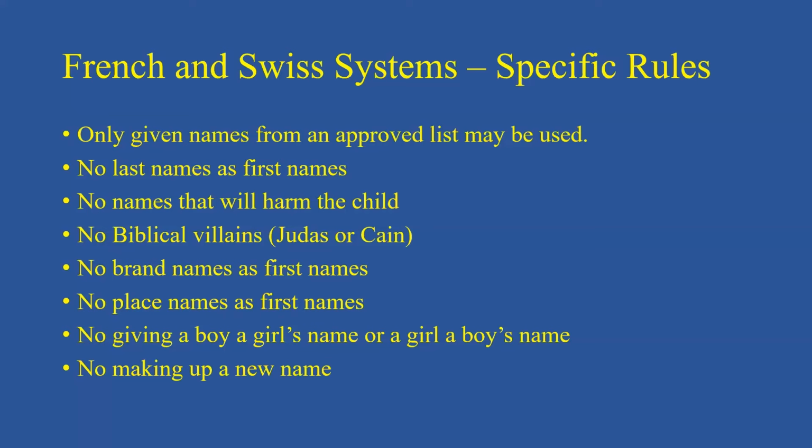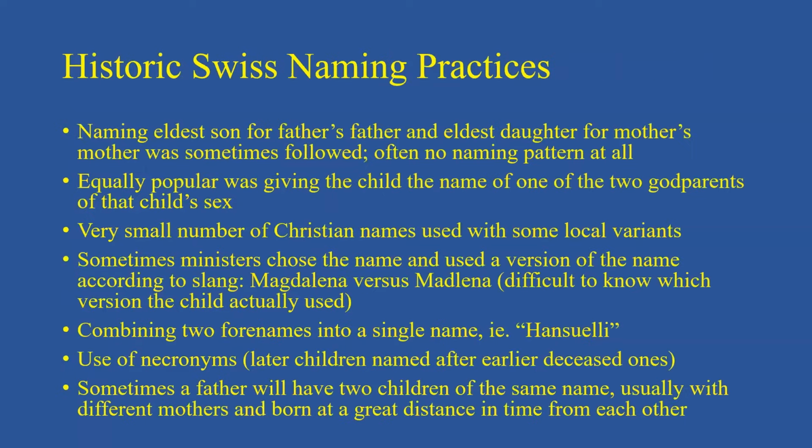Historical names were not regulated by the government, but there was a much smaller range of names used in France and Switzerland than there were in other countries. The Swiss have no particular naming pattern or custom. According to the late Lois Hunker Rohrbach, one will sometimes see the eldest son named after the father's father and the eldest daughter named after the mother's mother, but just as often you will see a child given the name of one of the 2 grandparents of the same sex at the time of baptism.